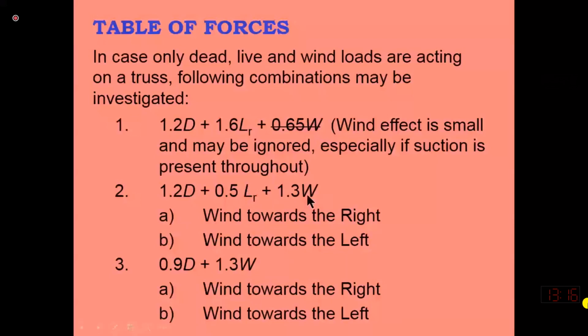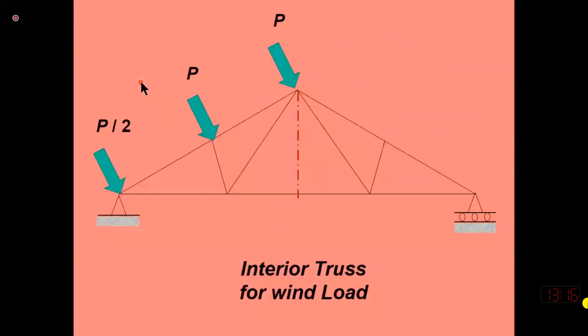So there is a difference. Why is there a difference? Because in this truss, for example, I will show you this wind load case. If the wind is blowing from this left side, then this case may be the same as if the wind is blowing from the other side. Why? Because if the wind is blowing from this side, this is a hinge and this side is a roller.